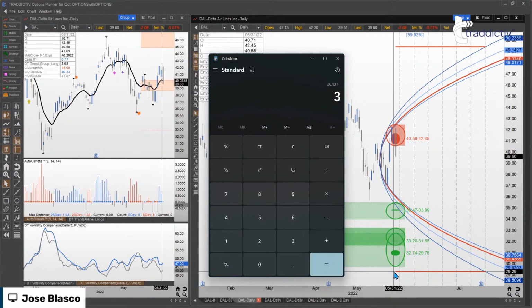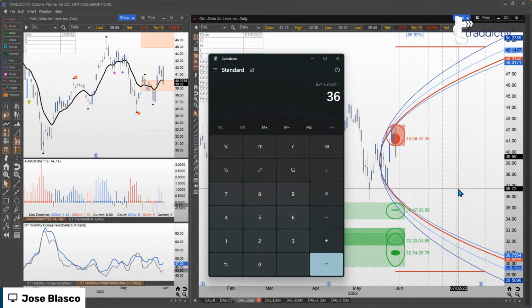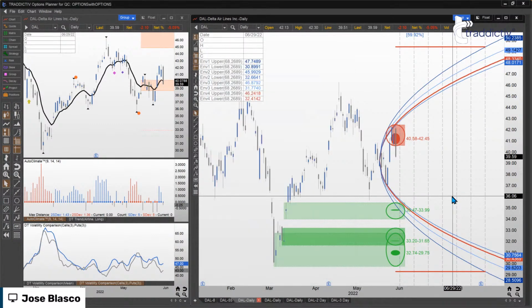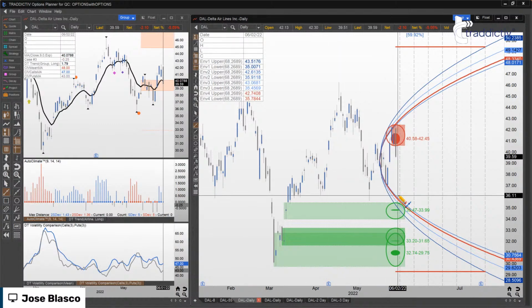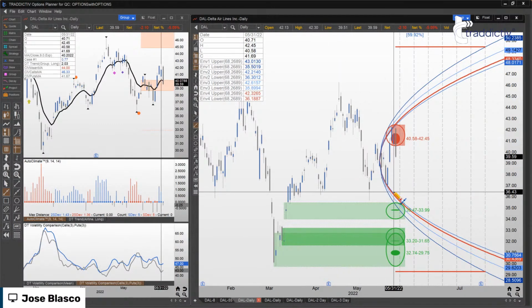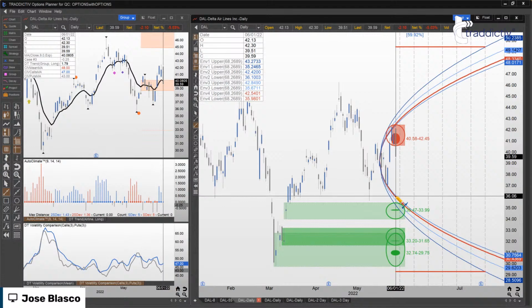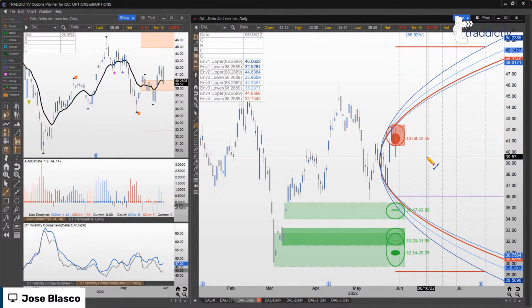If I divide this by 3, that is 6.71, which if I add to 29.29, the bottom part, gives me 36. So this would be a third. Let me draw it. $36. That would be a third.